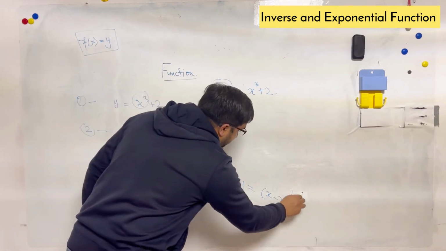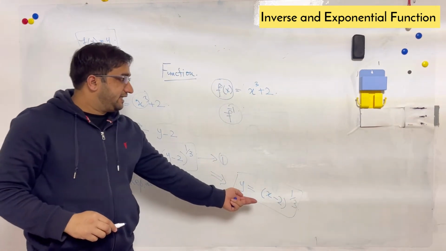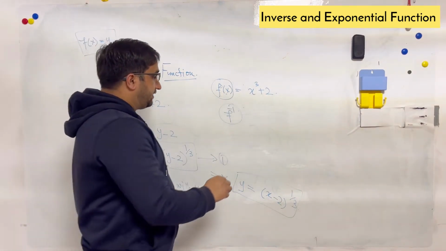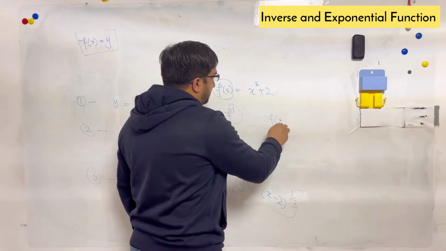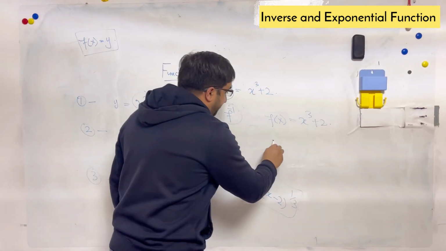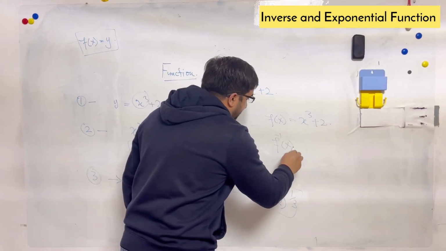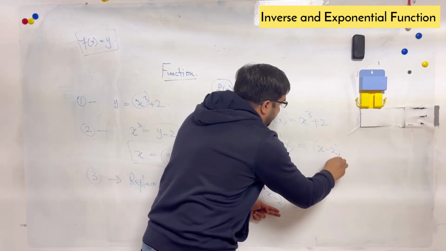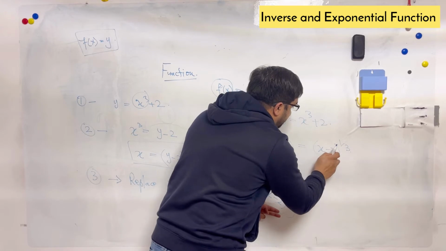This function is the inverse function of the original function. So if f of x is x cube plus 2, then f inverse of x is x minus 2 raised to the power 1 by 3.